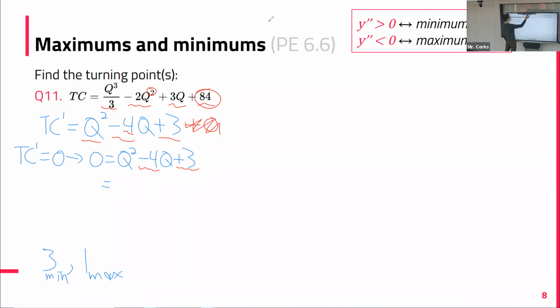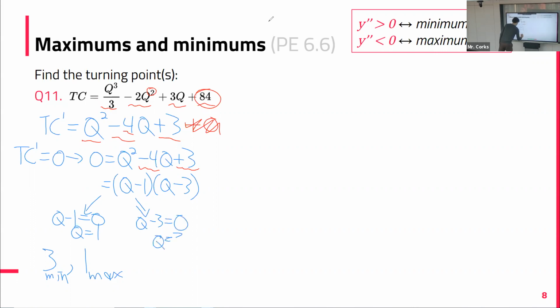Okay, so -3, -1. They'll turn into 3 and 1 positive down here, but when we factor, we have to get our signs correct. So q minus 1, q minus 3. -1 times -3, +3. Okay, that works. -1 minus 3, -4. That works. So we have 2 possibilities here. Either q minus 1 is equal to 0, and therefore q is equal to 1, or q minus 3 is equal to 0, so q is equal to 3.